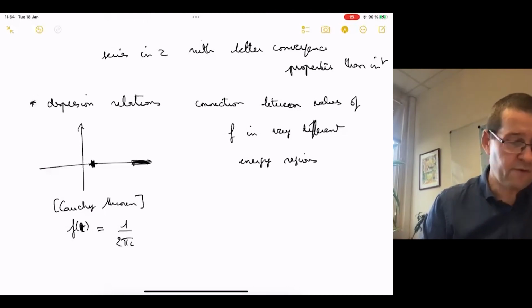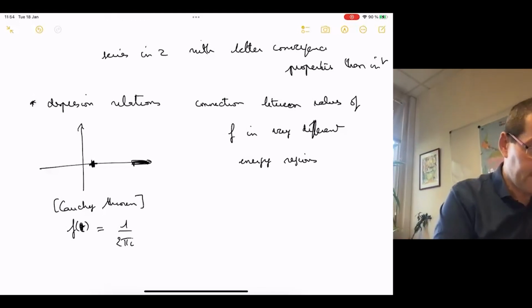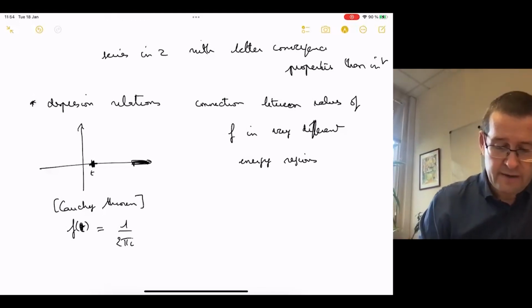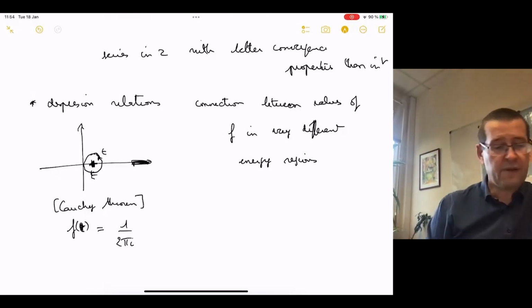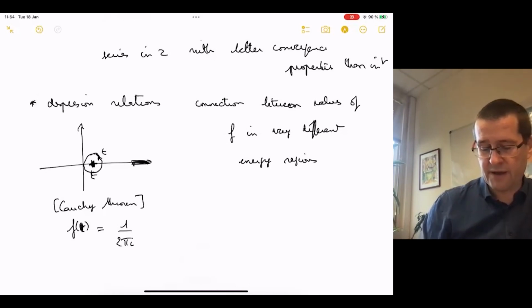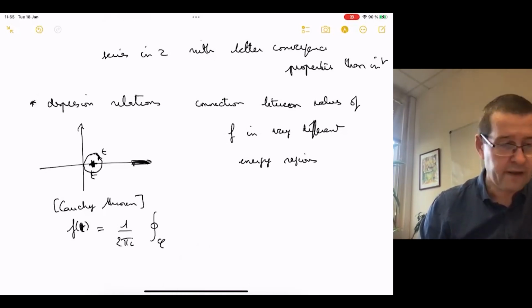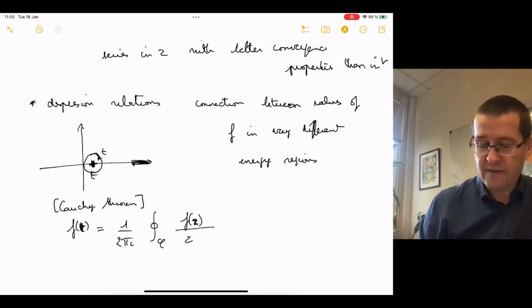So assume that you're in the physical region for D to 2 pi, for instance, and then you define a small circle of integration around this, and you say, okay, I'm integrating over this small circle f(z) divided by z minus t.